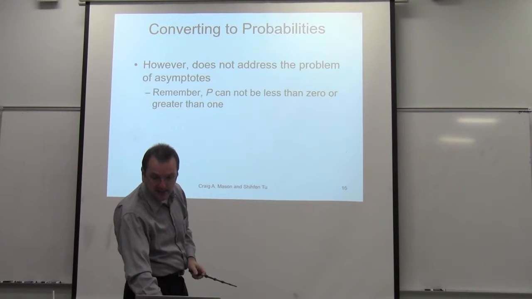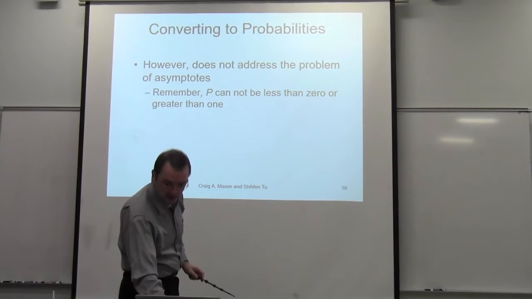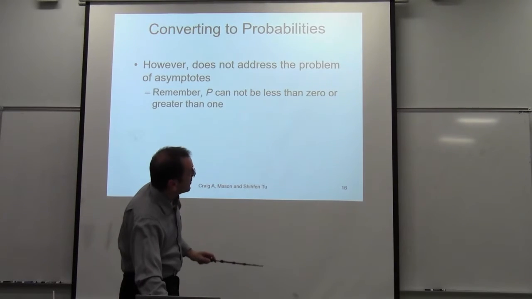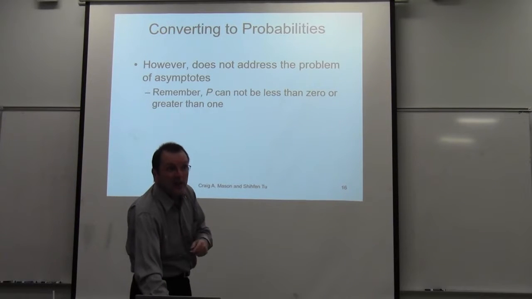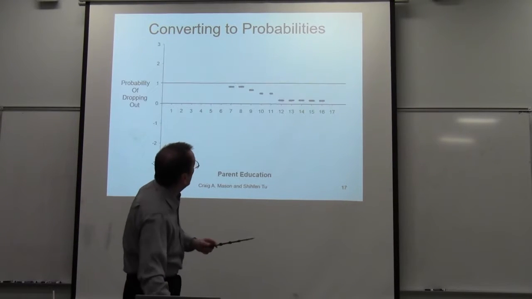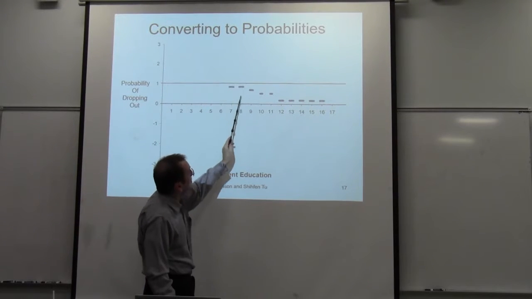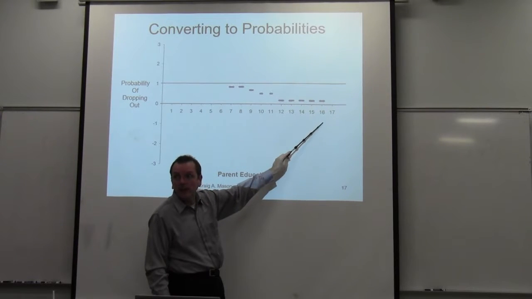But it still doesn't deal with the problem of asymptotes. I should have pointed that out. Actually, I think the next slide points it out. Remember, probabilities can't be less than 0 and can't be greater than 1. No matter how far you go, probabilities can never get less than 0.